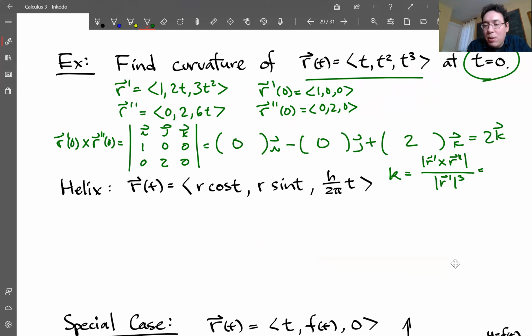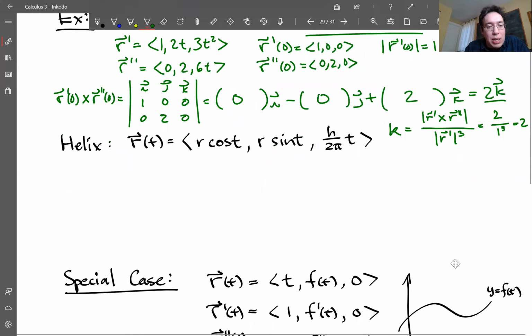So the magnitude of r prime cross r double prime is just 2, divided by the magnitude of r prime, which is just 1, so 1 cubed. So the curvature is 2. Okay, so that's that one.